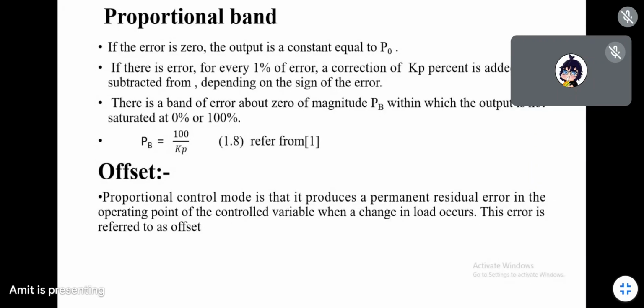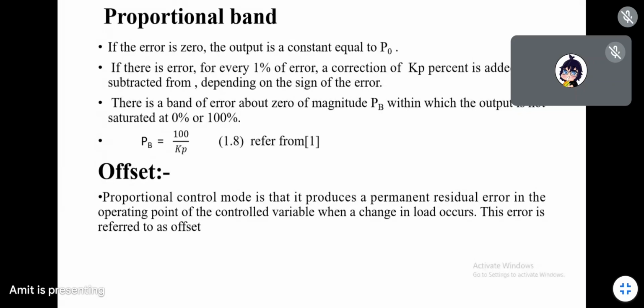If you see this equation, I have told you that at each value of error, there is a unique value of controller output. You have to remember this. At each value of error in the proportional controller mode, which is an example of a continuous control mode, there is a unique value of controller output.